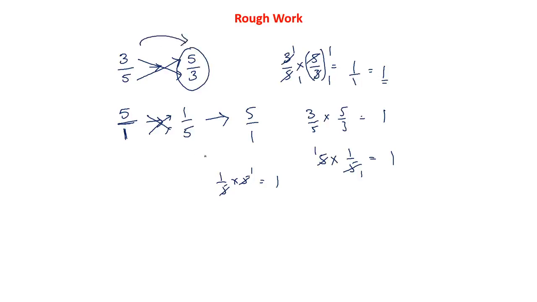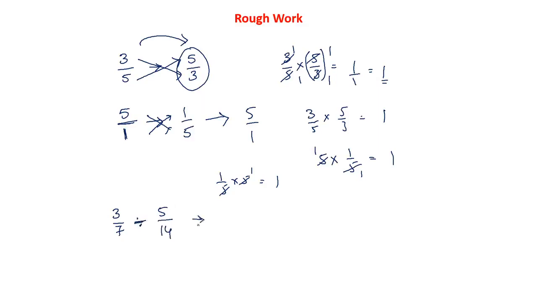Right, now you know what is the reciprocal of the given fraction. Then what is the use of learning about the reciprocal here? For example, if you want to divide the fraction 3 by 7 by 5 by 14, how can you write this? 3 by 7 divided by 5 by 14.